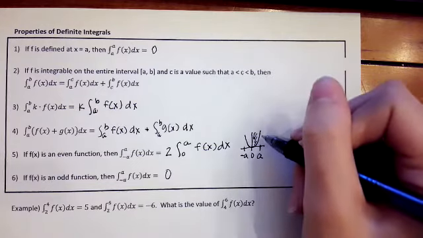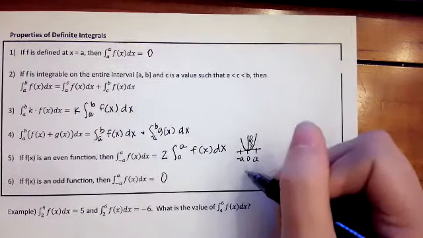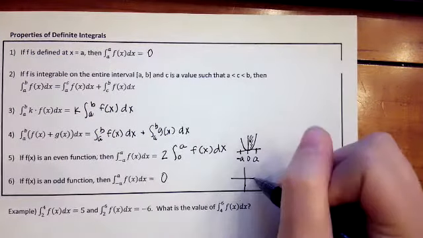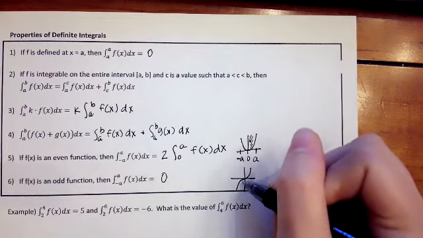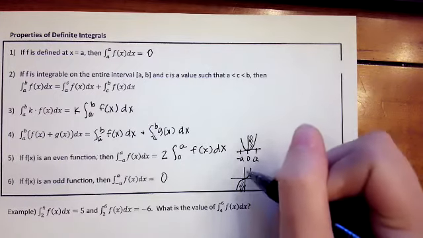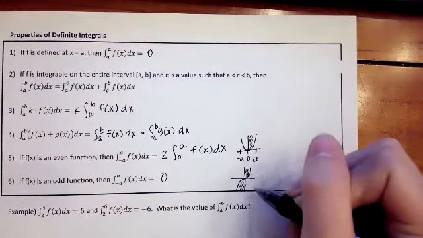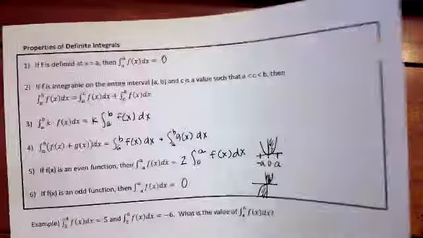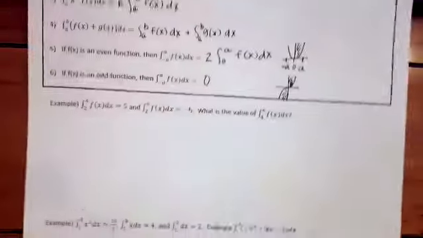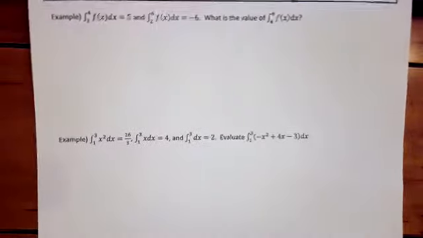We have 2 times that area, okay? But a cubic function is odd. So this area will cancel out with that area, okay? So those are what those are illustrating. If I could draw a little better.